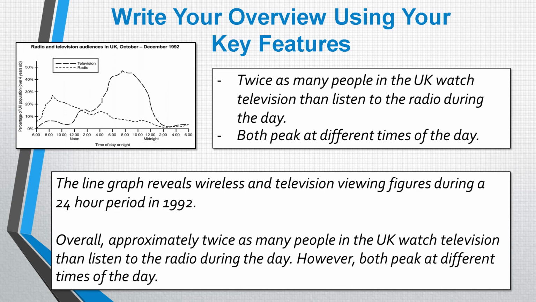So, all we've done is put the bullet point information into 2 logical sentences, and that then becomes our overview paragraph. And that's all you have to do. If you've identified the right key features, putting them into between 2 to 4 sentences will form a nice overview paragraph.